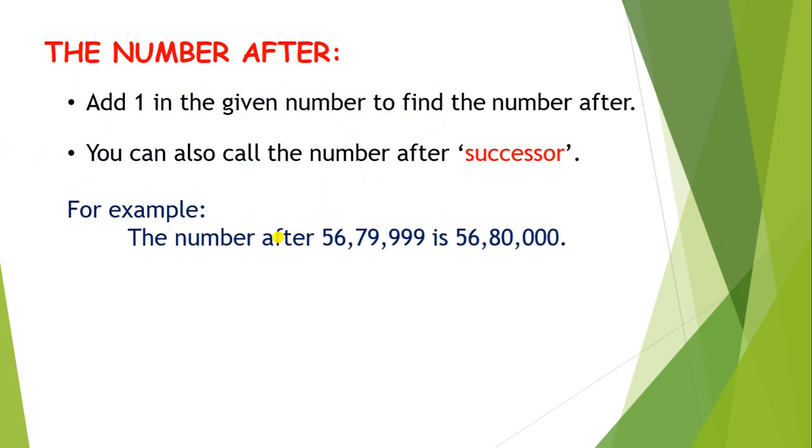For example, the number after 56,79,999 is 56,80,000. To find this, we need to add 1 to the given number. This way we can find the successor or the number after.